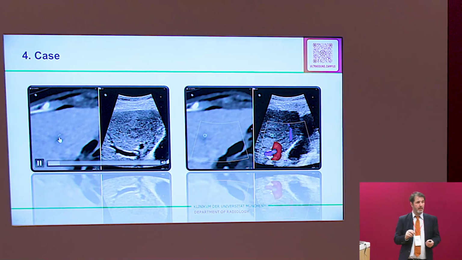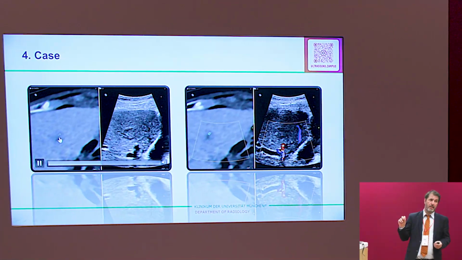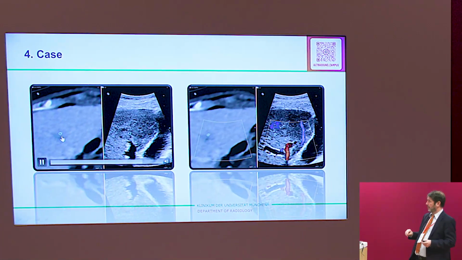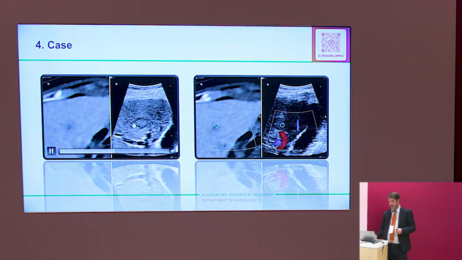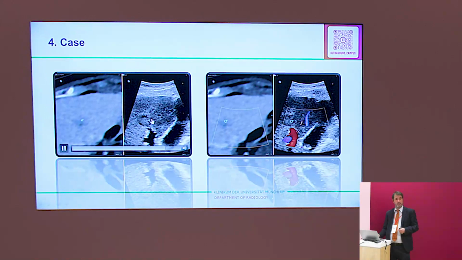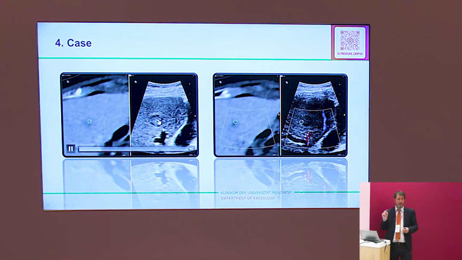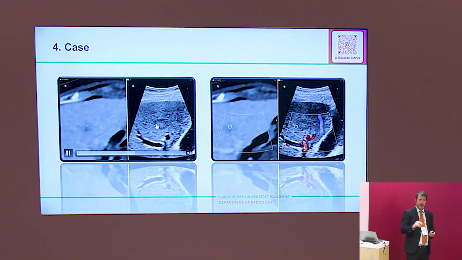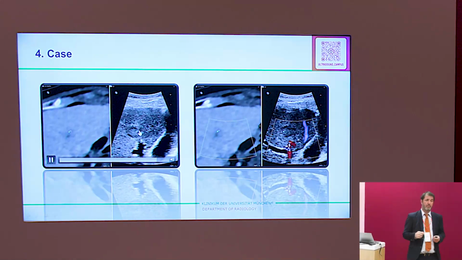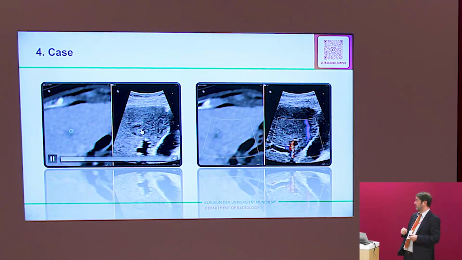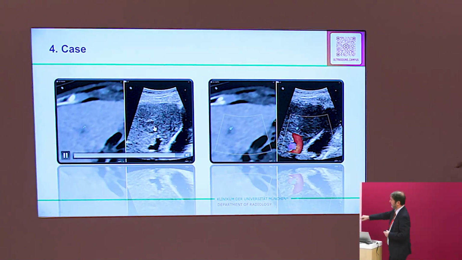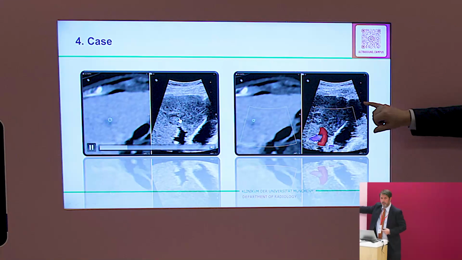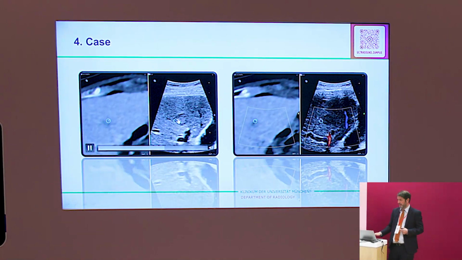So we know exactly where to look in the grayscale. Probably you will agree that there's a lesion where the blue circle is. This lesion has a diameter of maybe 2 centimeters, or even less. From this point to the other point is 1 centimeter, so 1.5 centimeters, a small one.